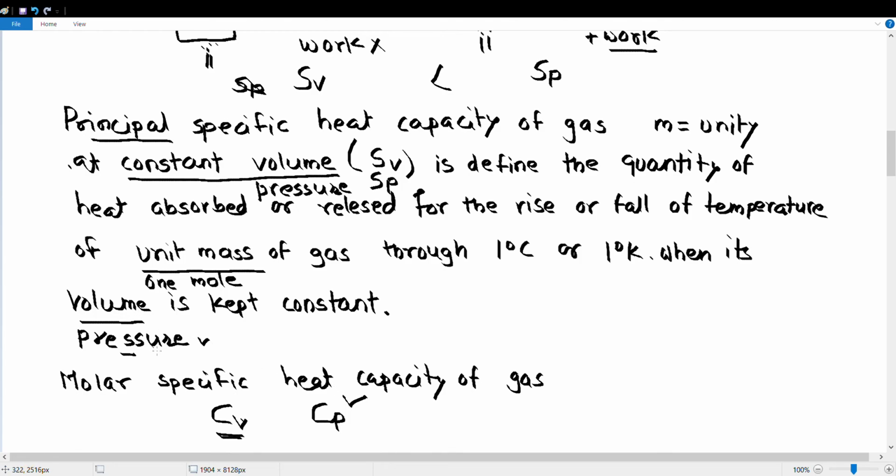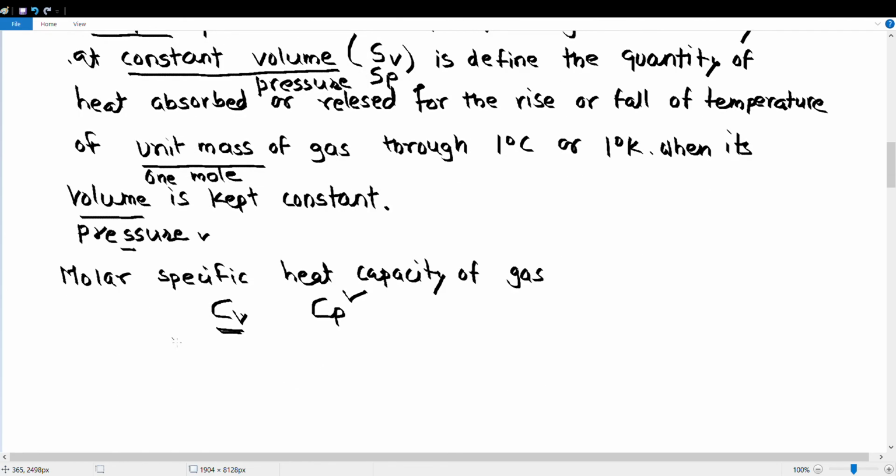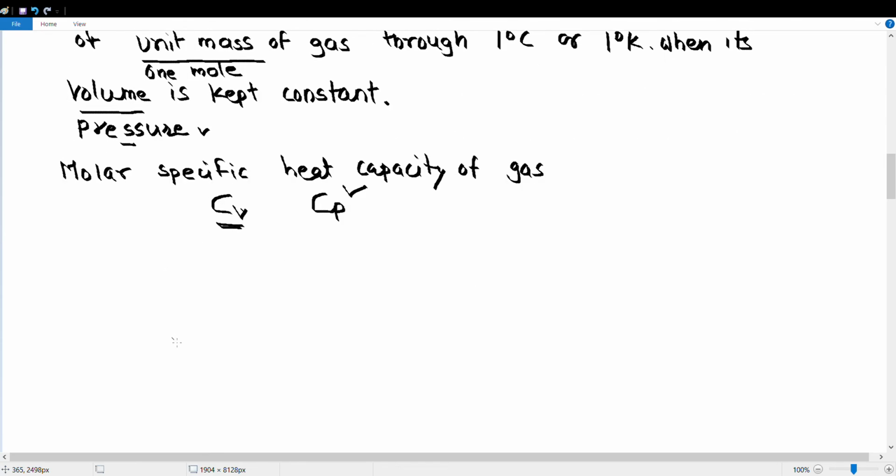This is known as molar specific heat capacity of a gas.